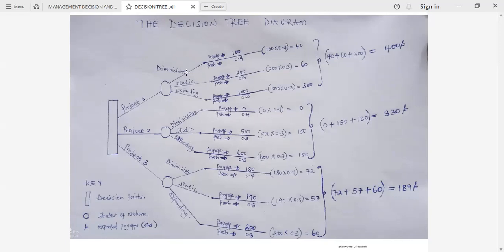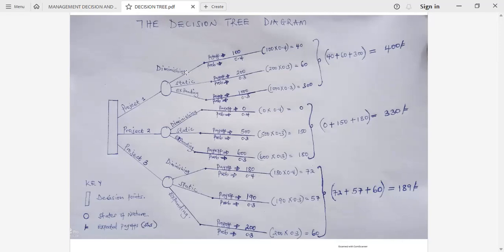Because every project has the same states of nature. Project 2 has a diminishing, a static, and an expanding state of nature. So we want to see what will be the outcome for these different items. So we look at them in 2 stages.